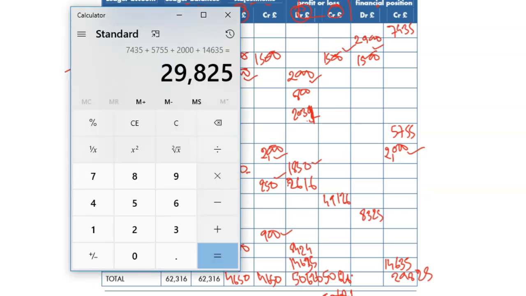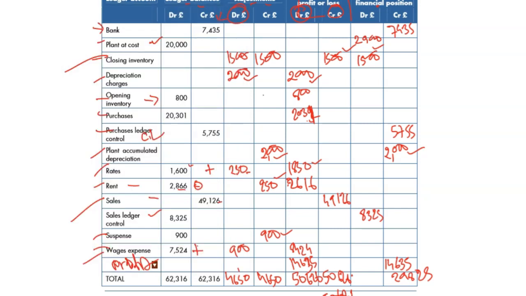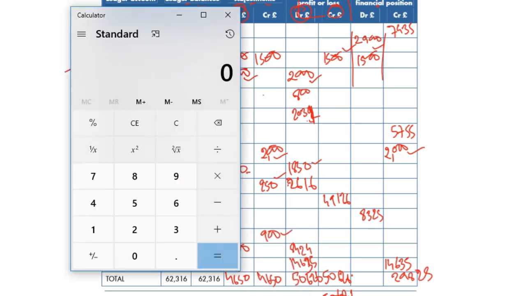The other side should be the same. 20,000, then 1,500, and 8,325. 20,000 plus 1,500 plus 8,325 is 29,825.